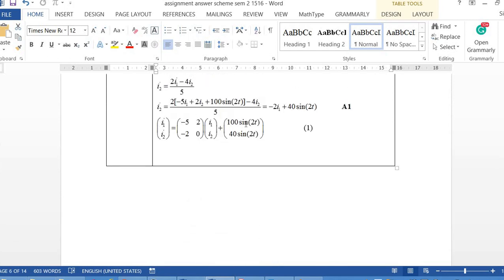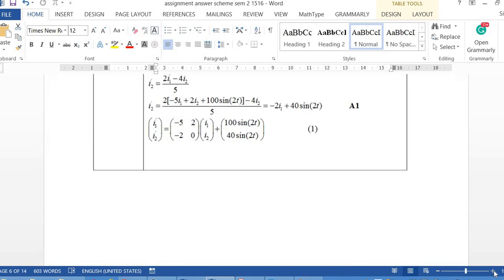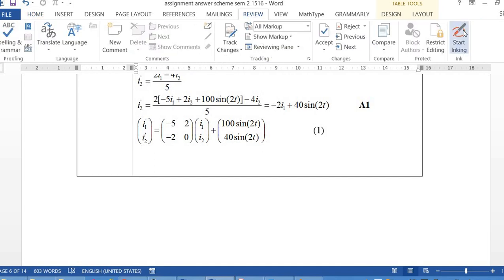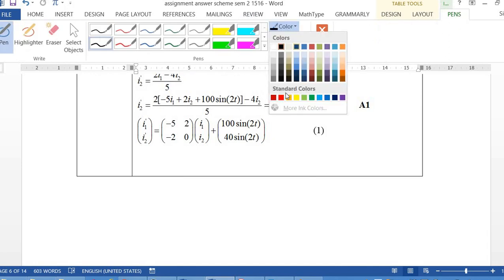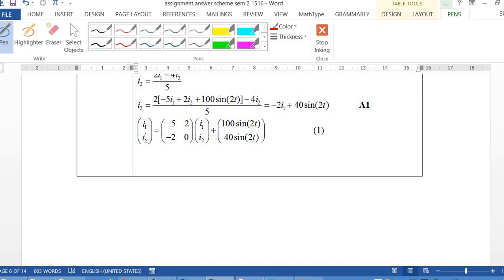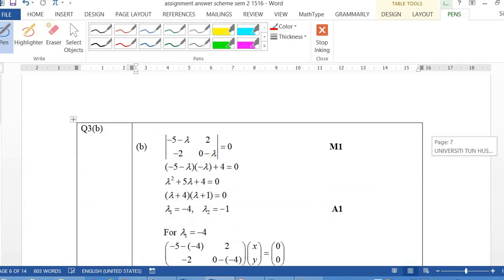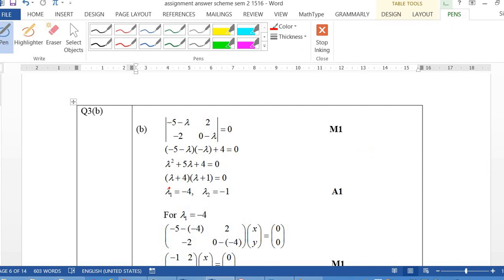If we have a non-homogeneous system, to solve the non-homogeneous system, first of all, we have to get the solution for the homogeneous system, where the non-homogeneous part equals 0. We let this one equal to 0. Then we solve the homogeneous system first. Okay, this is manually.